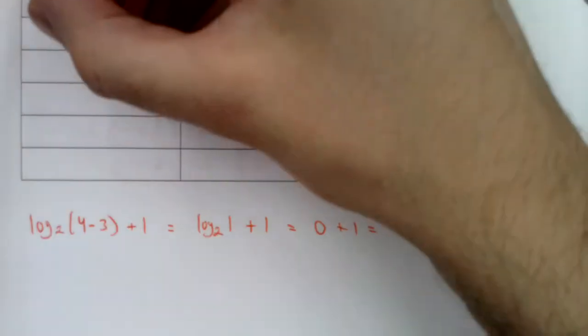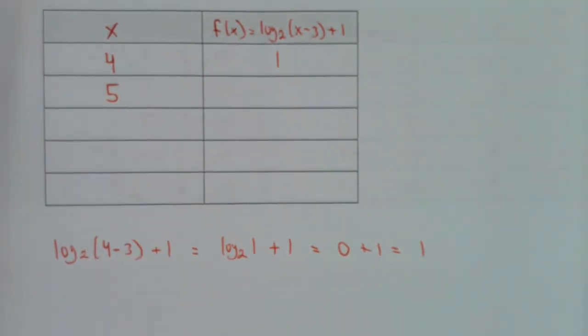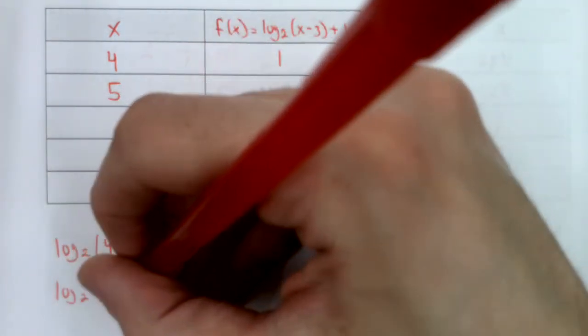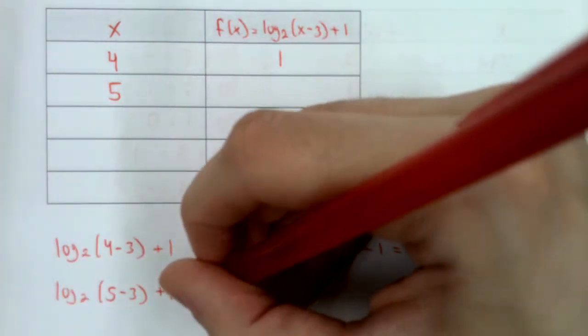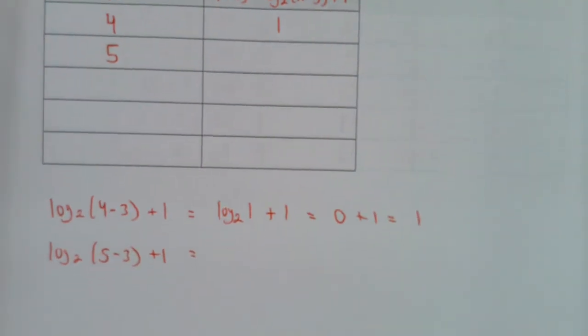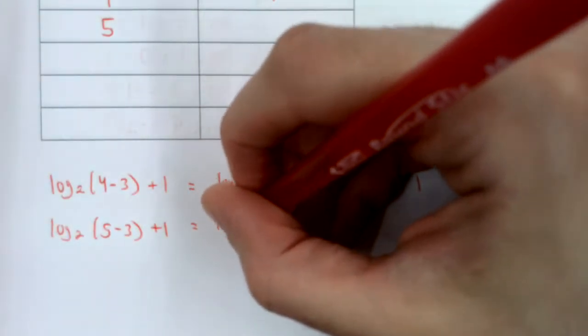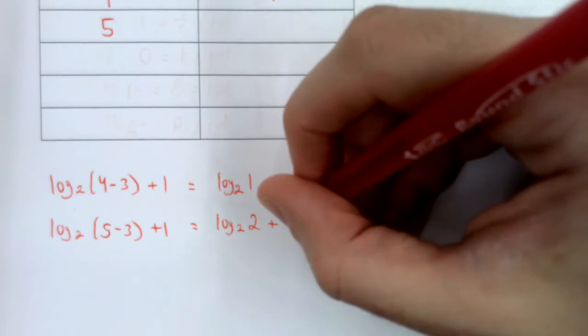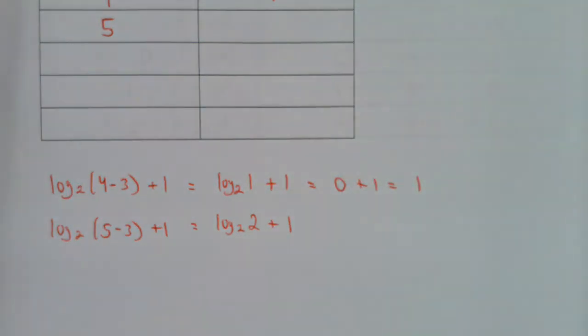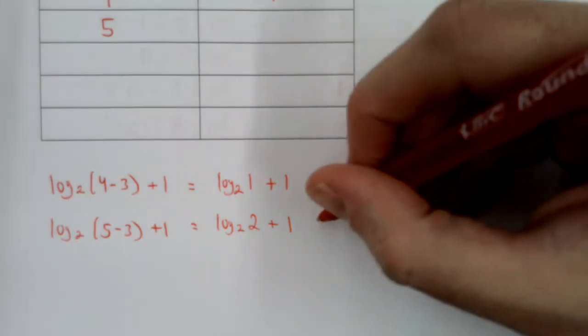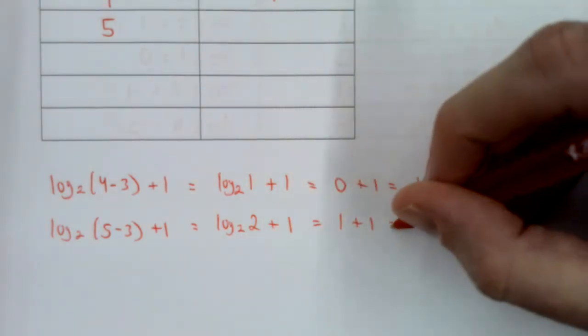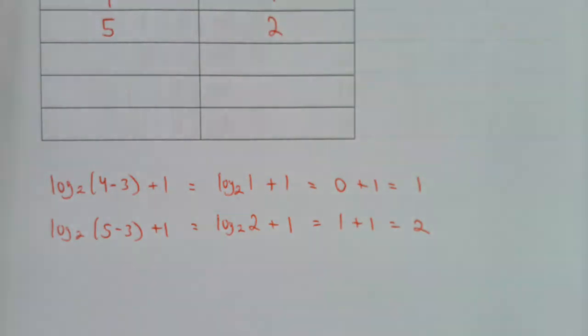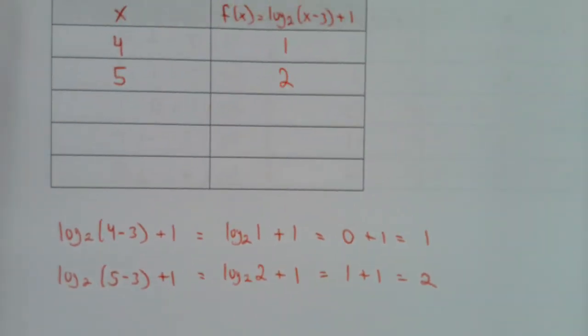Next, I'm going to do x is 5. When I do x is 5, I get log base 2 of (5 minus 3), which is log base 2 of 2. Two to what power equals 2? The answer is 1. So 1 plus 1 equals 2. And here's where it gets tricky.